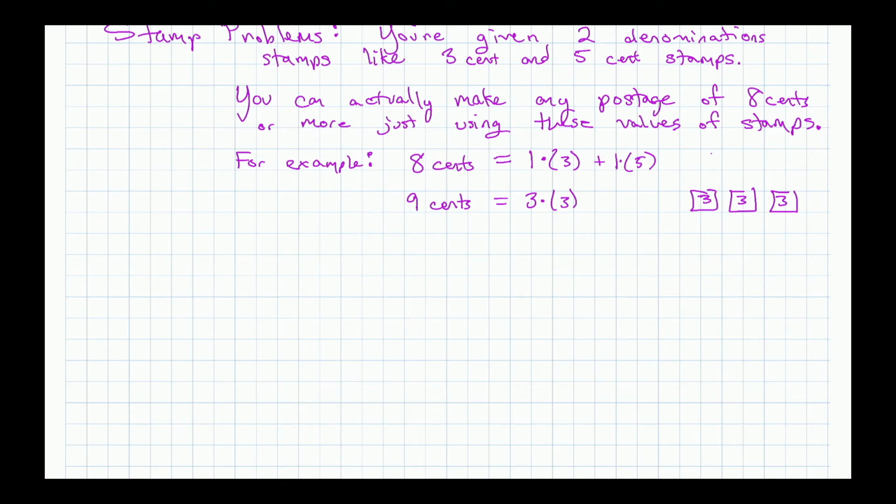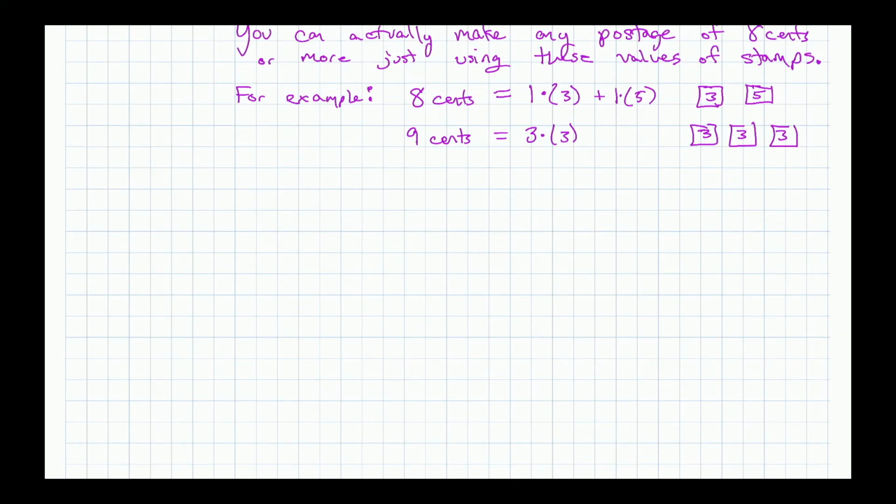Whereas for your 8 cents, you would have a 3 and a 5-cent stamp on your envelope. Well, how would you make 10? Well, to make 10, that would just be 2 5-cent stamps. So you'd have a 5 and a 5.